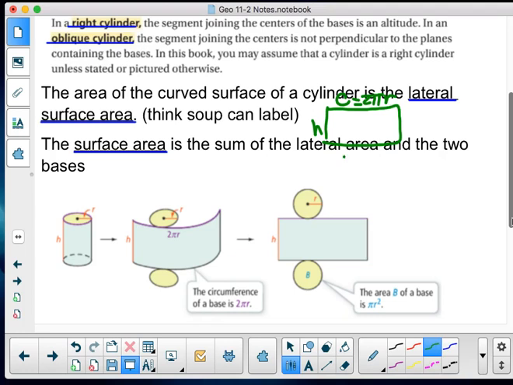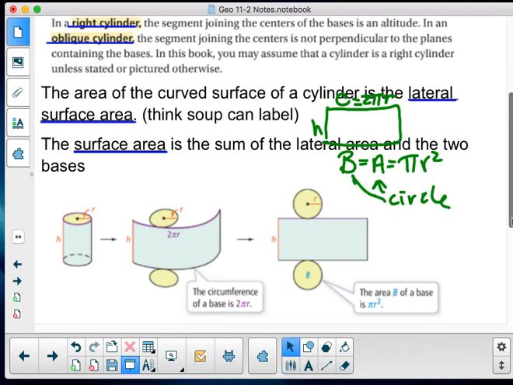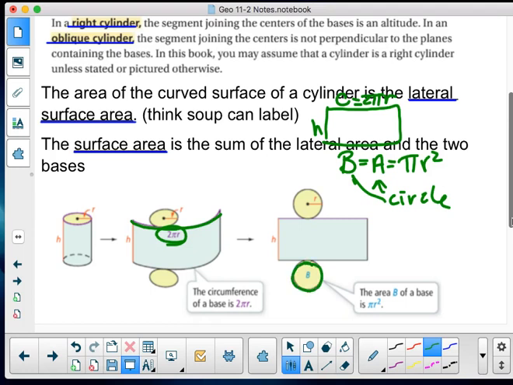The base area is pi r squared, because the base is a circle. If I unwrap this, the circumference becomes 2 pi r, and then my base is pi r squared. That's what we're looking at when we're working with a cylinder.